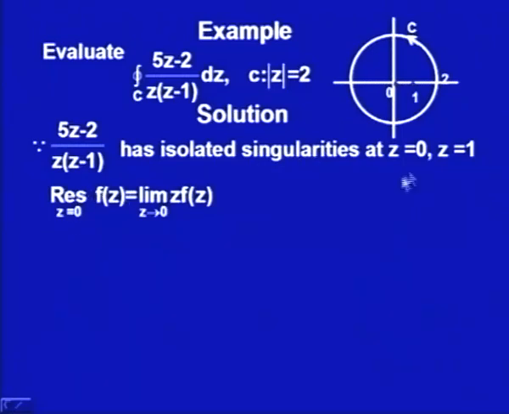So, first we are calculating it at 0. The residue at z = 0 of f(z) should be the limit as z approaches 0 of (z minus 0), that is z, into f(z). If I multiply z with f(z) I would get (5z minus 2) upon (z minus 1). We have to find the limit as z approaches 0 of (5z minus 2) upon (z minus 1). That means evaluate this function at z = 0.